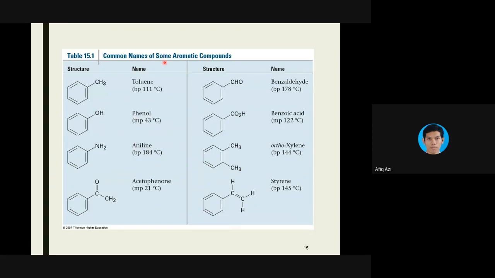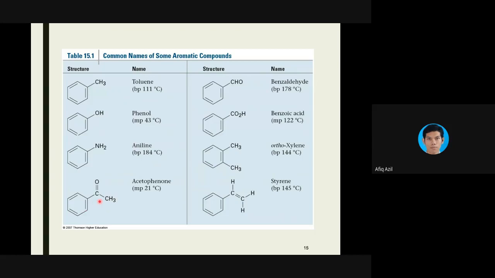So, common names of some of these aromatic compounds. When you have CH3, it's known as toluene. If you have a hydroxy group, it will be known as phenol. This is an alcohol, so it will be known as phenol. This one is aniline. And this one is acetophenone, a ketone.